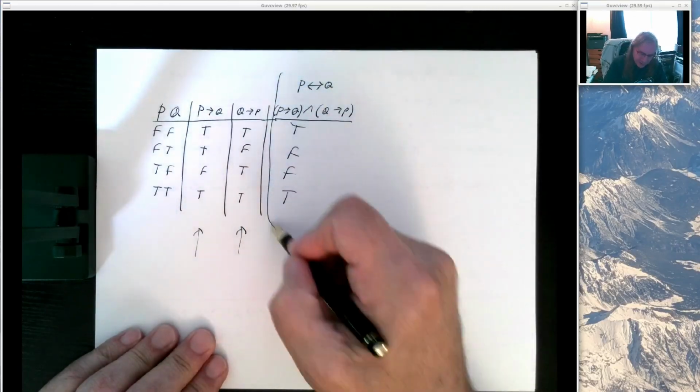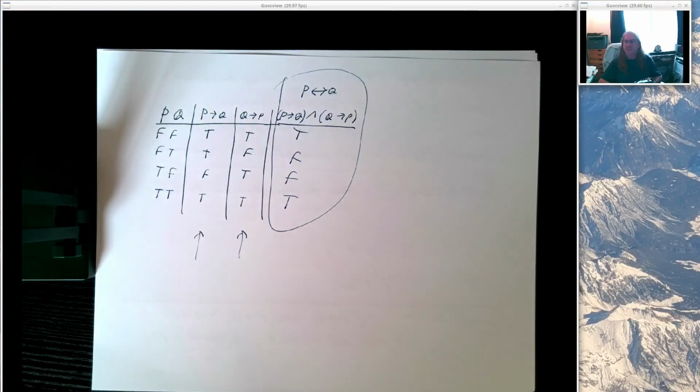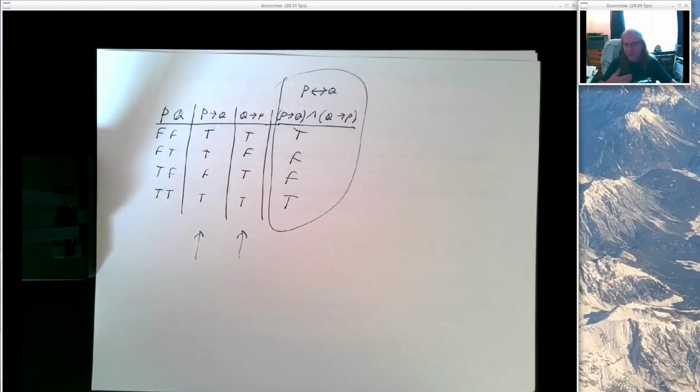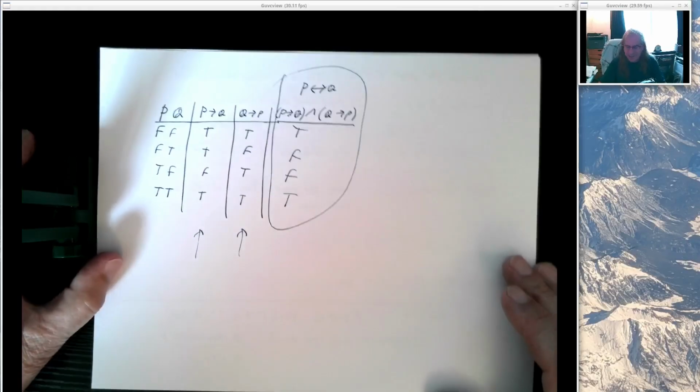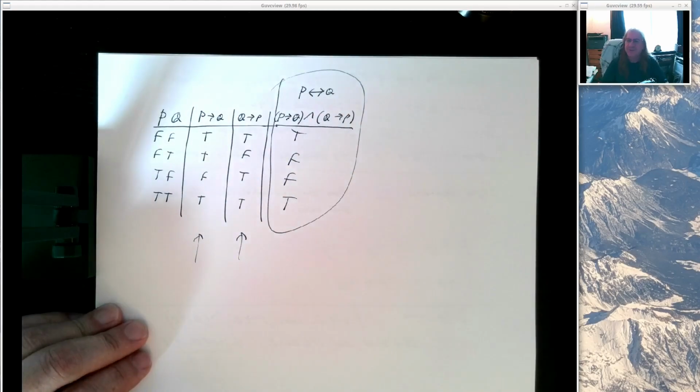So there's the truth table column for P if and only if Q. And so anytime you need to figure out a truth table, you can do it by working in pieces like this. So there's going to be some practice problems for all of these concepts, to get some first-hand experience with doing these kinds of things.